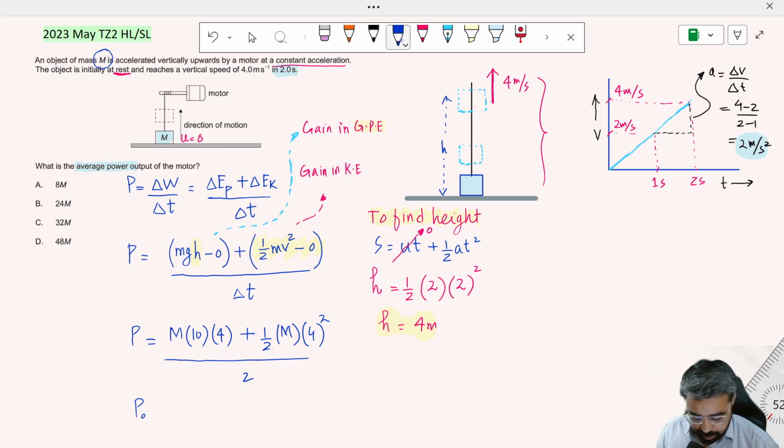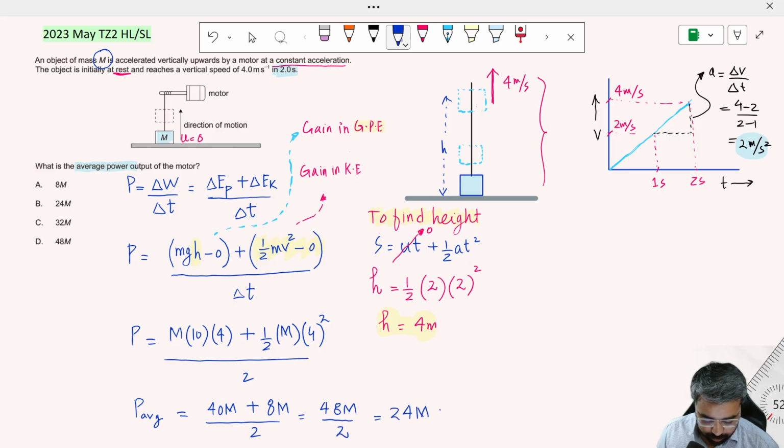So average power is equal to 40m plus 16 over 2 is 8, so 8m, divided by 2. That is 48m divided by 2, and that should be 24m, and the unit is watts. Our final answer must be 24m, option B. I hope you understand this solution.